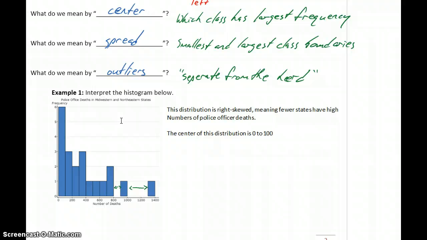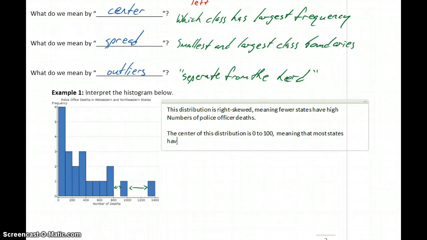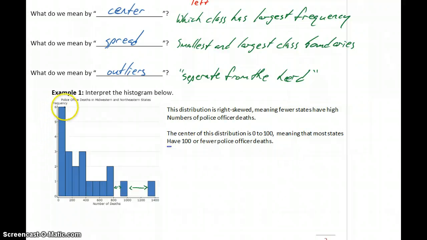If the center is 0 to 100, that tells us that most states have 100 or fewer police officer deaths. Again, also a good thing. That's a number we would want to be as small as possible. Since that's where we have our highest frequency, that's our center. And what that means in the context of the data is that most states have 100 or fewer police officer deaths. We have some other states with higher numbers, but that's where we have our largest frequency with this data.